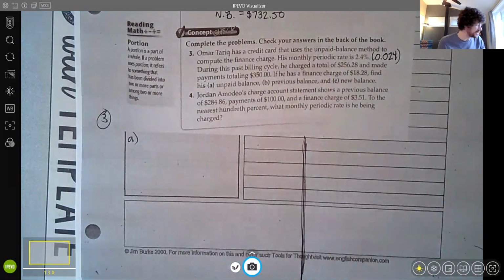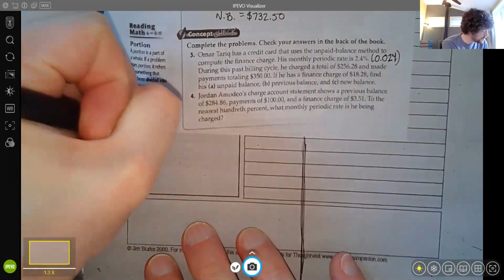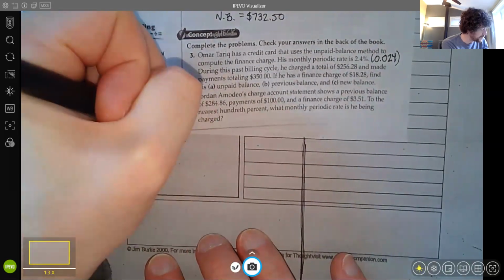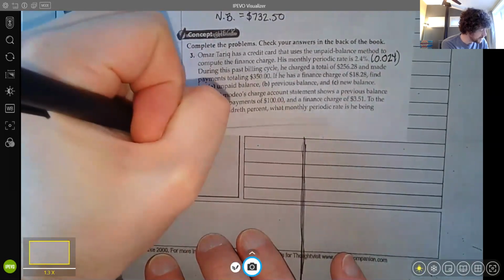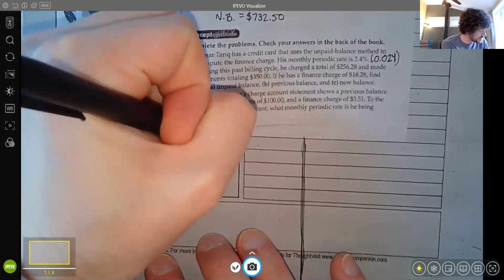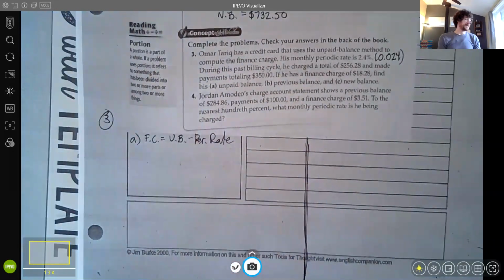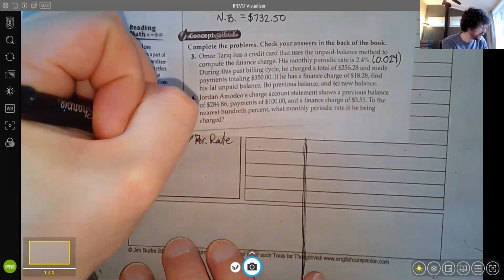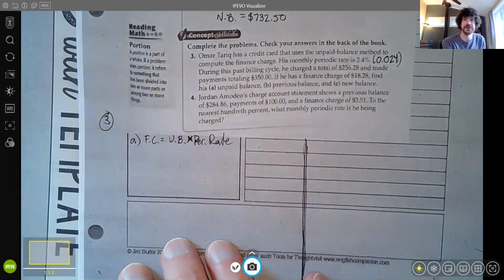So the finance charge is equal to the unpaid balance multiplied by the periodic rate.